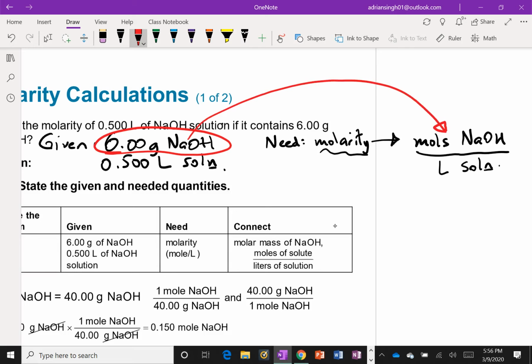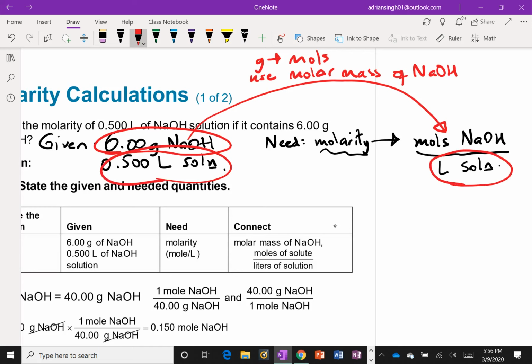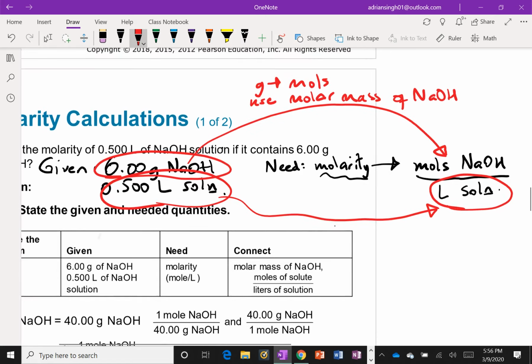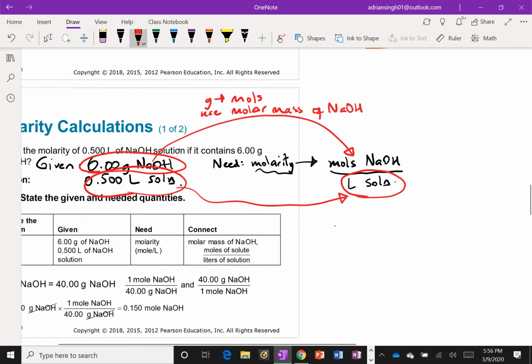You should be a lot better at that now than you were 2 weeks ago. So we're going to convert grams to moles, and to do that we're going to use the molar mass of NaOH. That's the connection between grams and moles. The second part of the molarity is the liters of the solution, and we're told that we have 0.500 liters of the solution. So the only thing we really need to calculate here is the moles of sodium hydroxide.